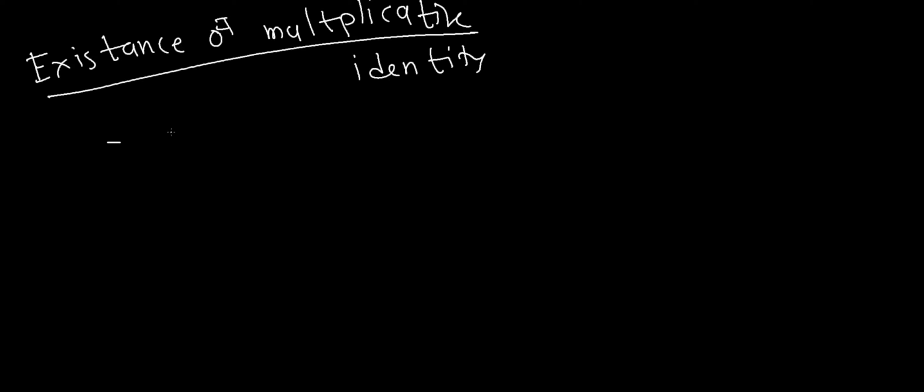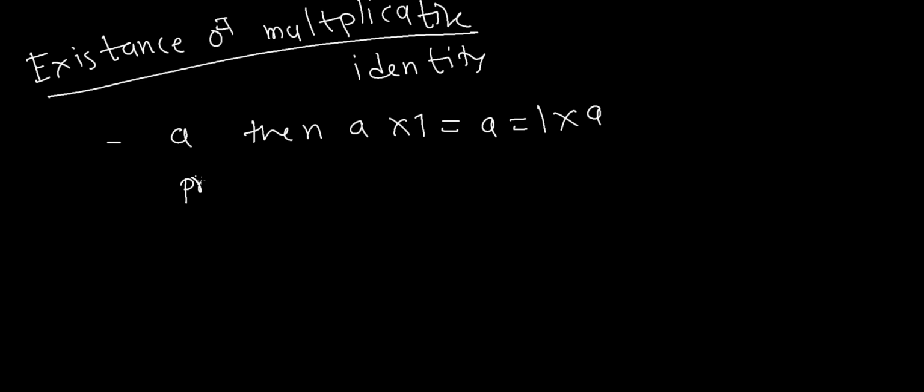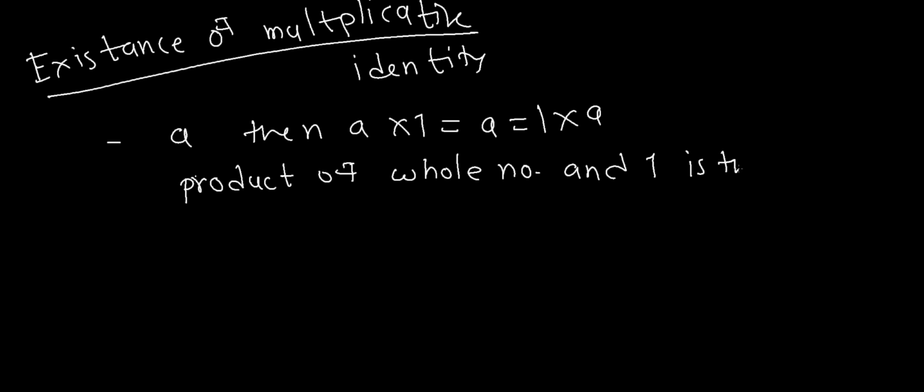What it says, if a is a whole number, then a into 1 is equal to a, or 1 into a. In other words, the product of a whole number and 1 is the number itself.